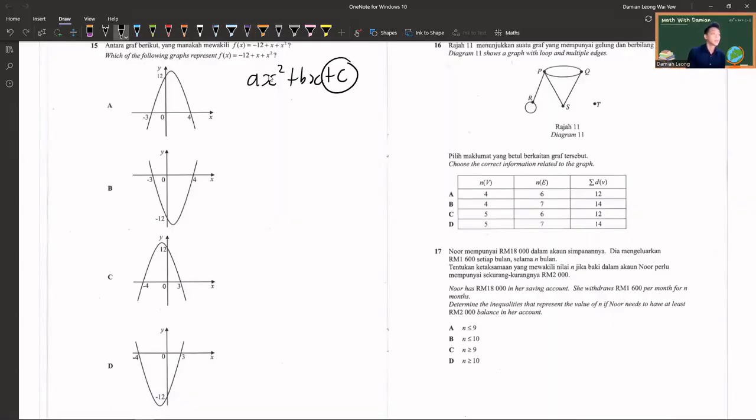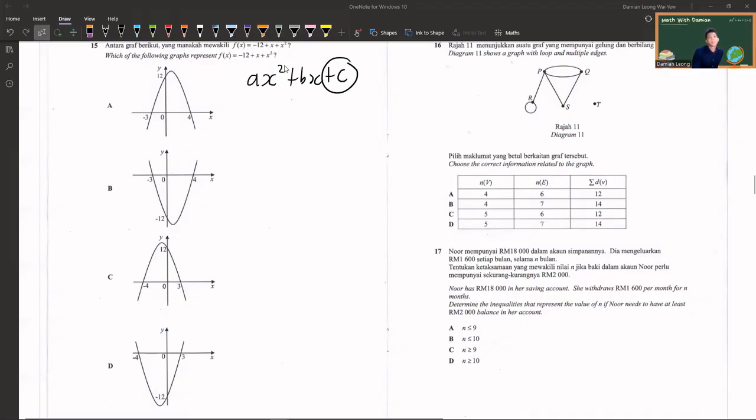So c merupakan persilangan dengan paksi y lah. Okay, dengan paksi y. Persilangan pada paksi x dengan paksi y. Berdasarkan dua-dua persilangan ini, kami boleh tahu yang graf yang mana merupakan graf bagi fungsi kuadratik ini.